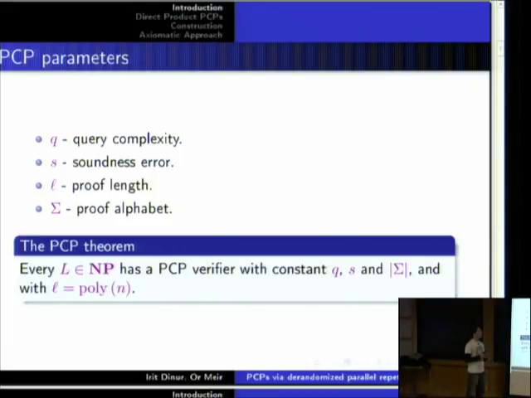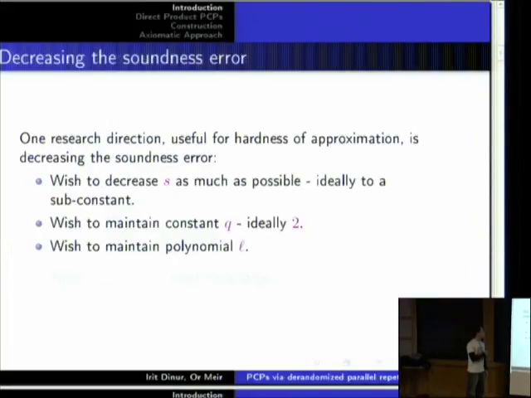Okay, so ever since the PCP theorem, there have been a few research directions trying to improve the theorem. And in this talk, I will discuss one such research direction, the one that tries to reduce the soundness as much as possible.